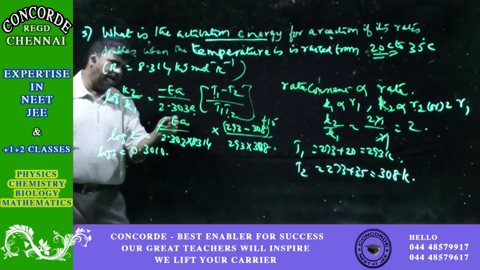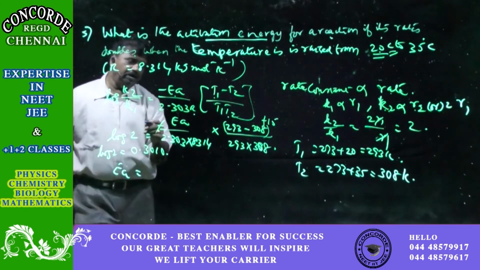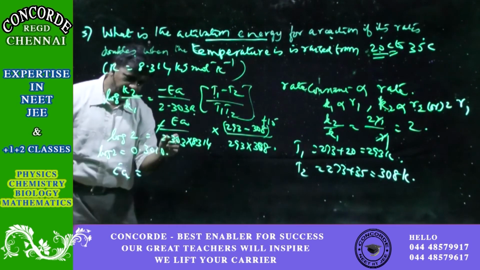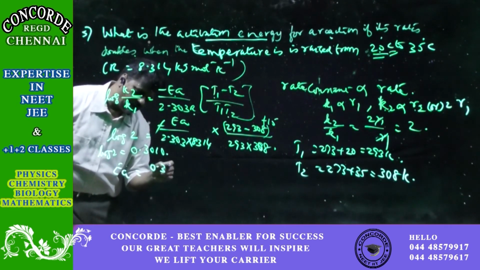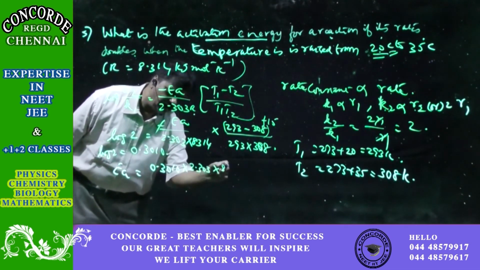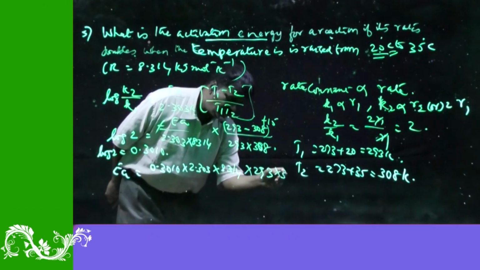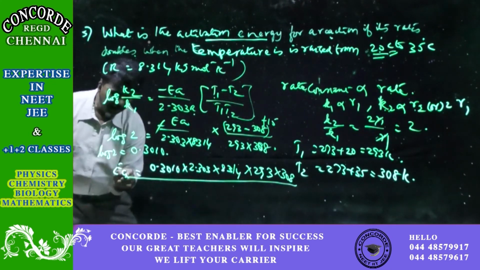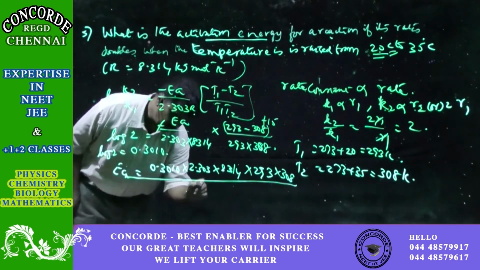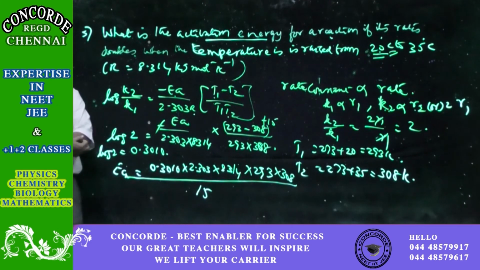We want only Ea. So once you make the cross multiplication of all, Ea is equal to 0.3010 into 2.303 into 8314 into 293 into 308 divided by 15. On solving this, we are going to get the activation energy.